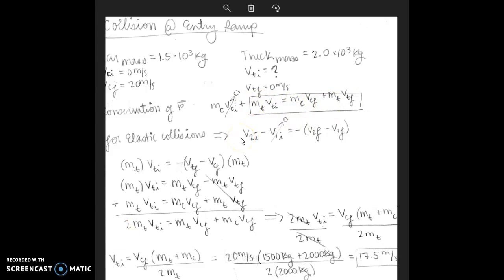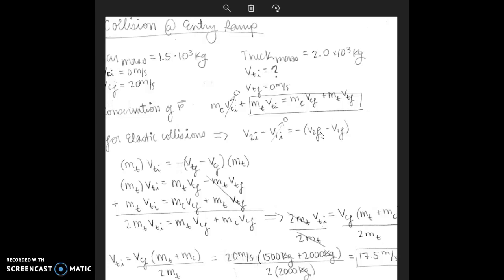For any elastic collision, we would use this equation. And we know it's elastic because the car and the truck bounce away from each other, so to speak, which represents that both momentum and kinetic energy are conserved. This equation can show that for any elastic collision between two objects, the relative speed is the same before and after the collision.